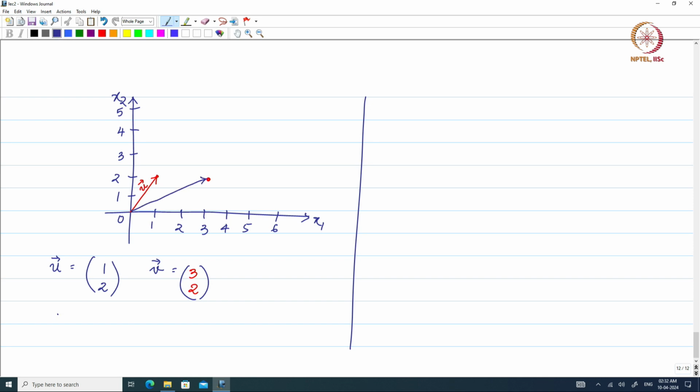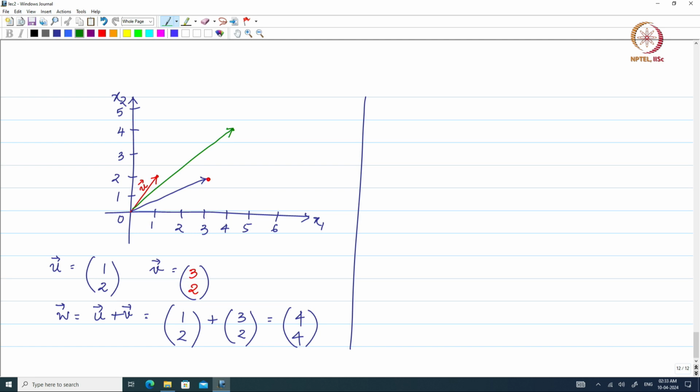We say that w is equal to u plus v, which is nothing but 1, 2 plus 3, 2, which is nothing but 4, 4. And where is 4, 4 located? 4, 4 is somewhere here. So, this is 4, 4.